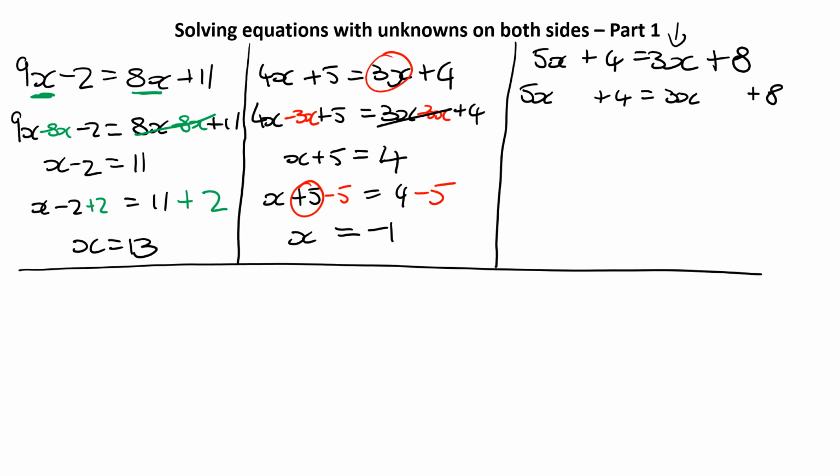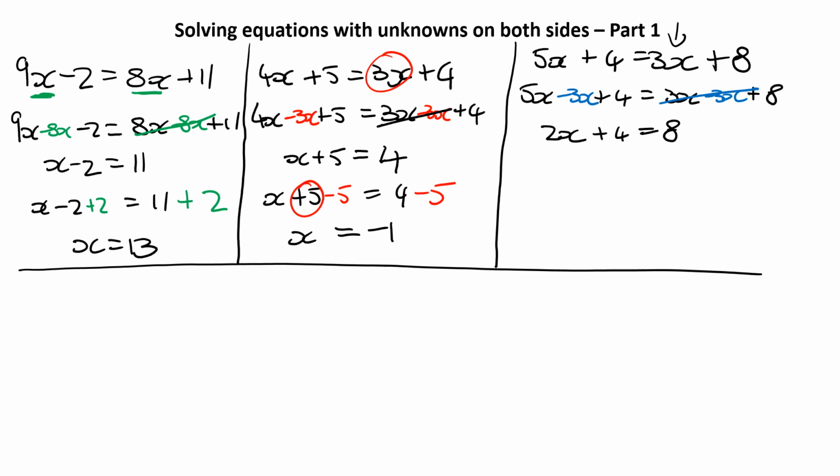And then we're going to go minus 3x, so that'll cancel that out, and minus 3x here. If I go 5x minus 3x, I get 2x. So 2x plus 4 equals 8. Then we're going to move that 4 to the other side.